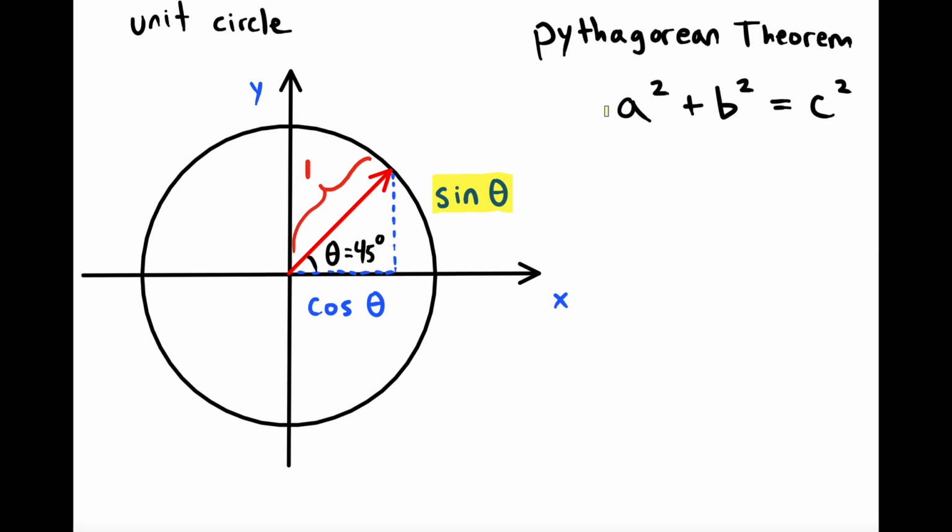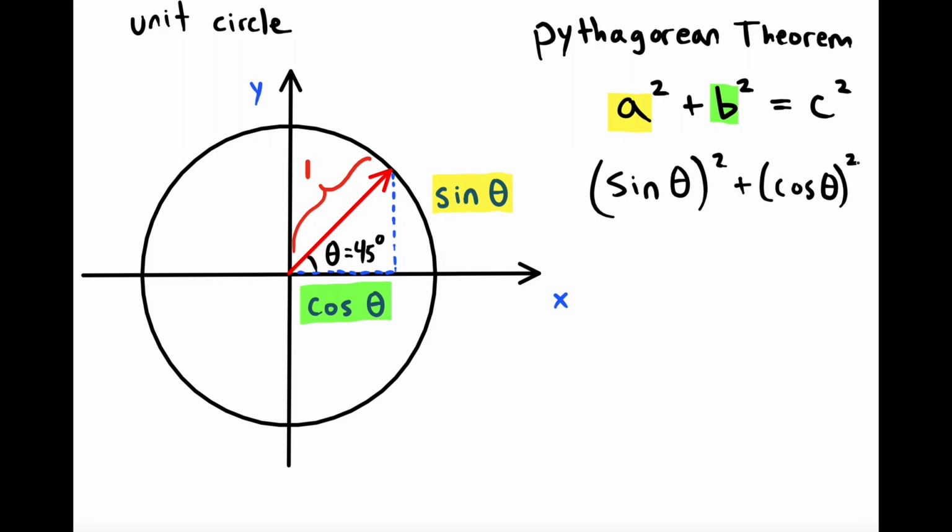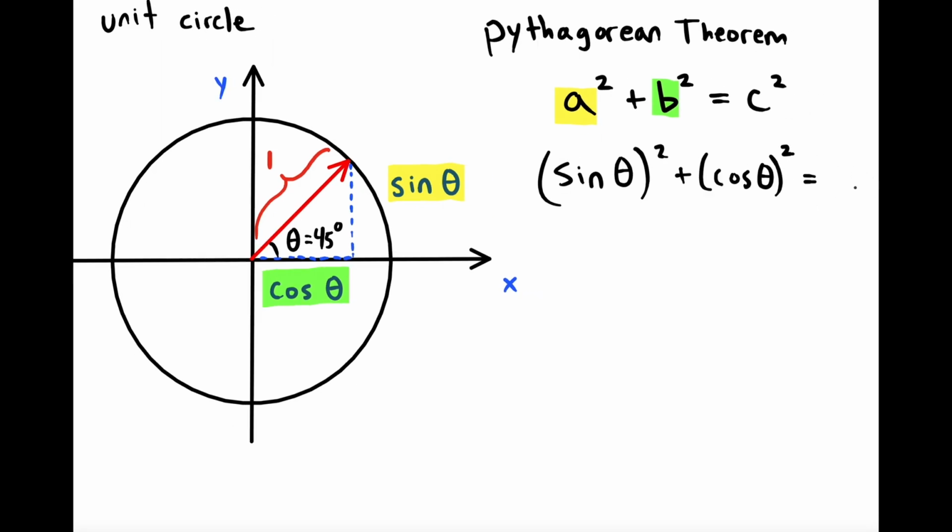Let's let the sine of theta be A. And let's let the cosine of theta be B. Then we have this identity. Sine theta squared plus cos theta squared equals our hypotenuse, which is 1 squared.